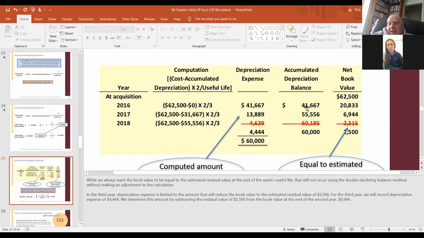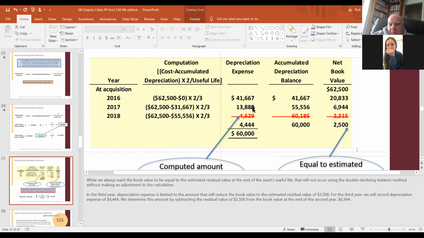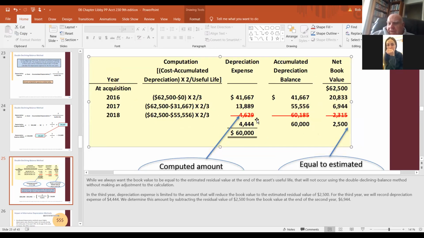Okay, here we go. Now we're depreciating the whole 62.5 under double declining balance. So 62.5 times 2/3 is 41. 62.5 minus 41 is 28.33. 28.33 times 2/3 is this 13 number. And then you repeat it for the last year. And you're done.